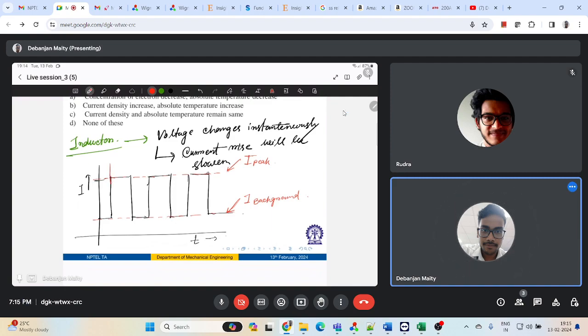Then you have a current pulse. So I peak pulse, and then you have I background pulse.